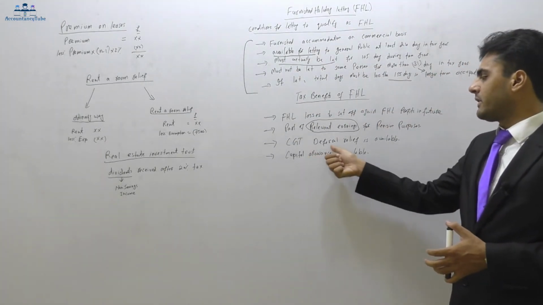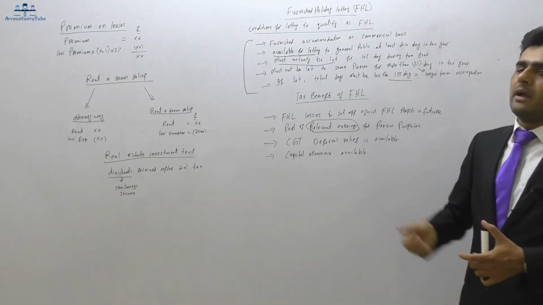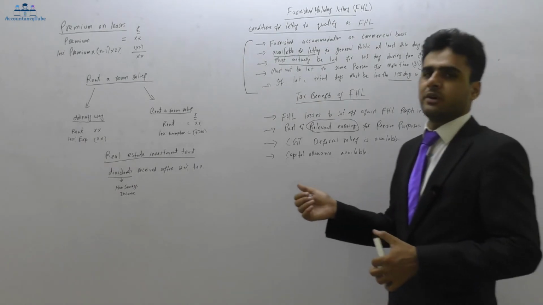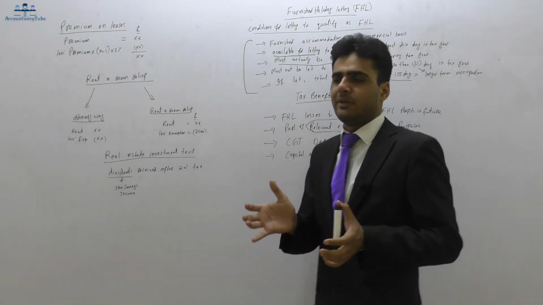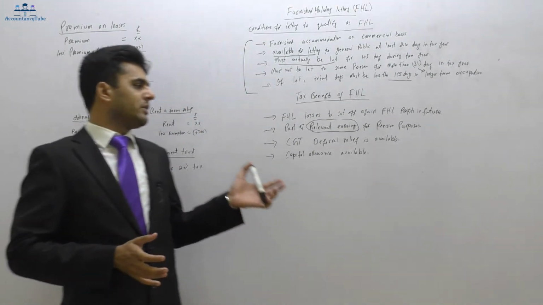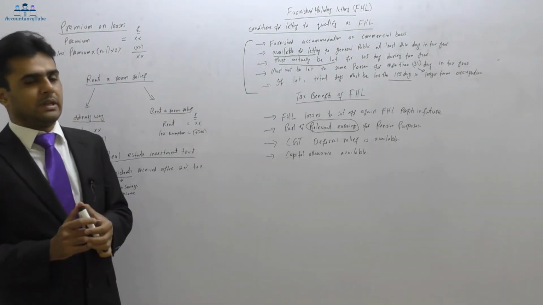So capital gains tax deferral relief is available for furnished holiday letting. And the final one, it says capital allowances are available. You haven't seen capital allowances yet, but we will see them in a couple of lectures' time. Capital allowance basically means depreciation for tax purposes. So capital allowance is available for furnished holiday letting.